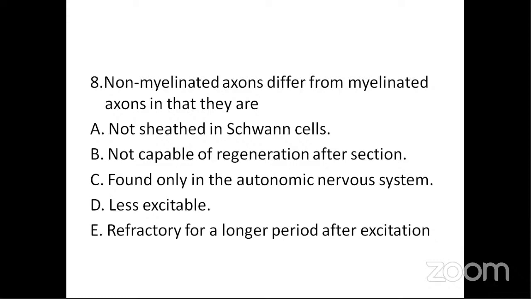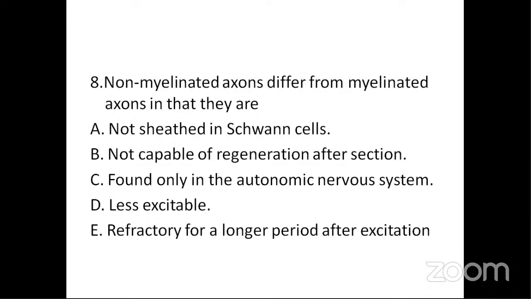So it is wrong. And non-myelinated axons differ from myelinated axons in that they are not capable of regeneration after section. False. Following the section, the central end of the axon buds and grows down the Schwann cell sheath until it reaches its target organ. Not capable is wrong. It is capable.